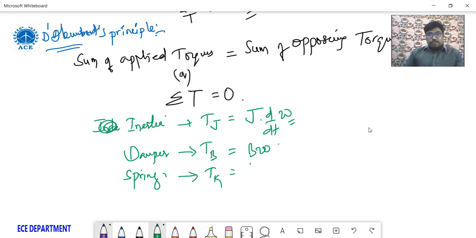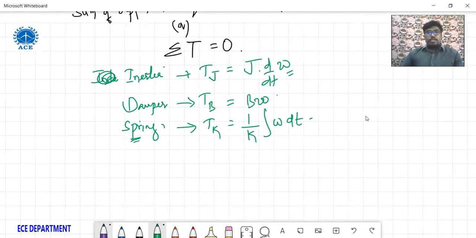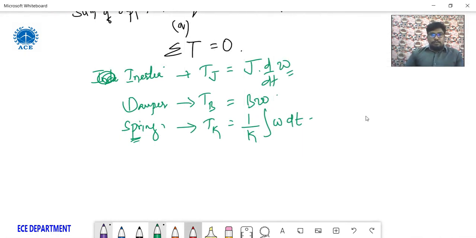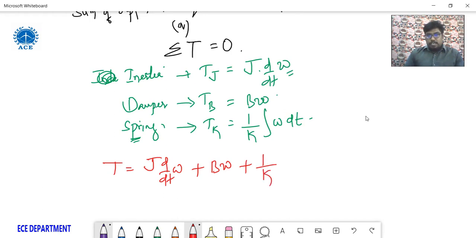And the spring term will be 1 by k integration of omega dt, with omega the angular velocity. This is a torsional spring element. Therefore the torque of a rotational mechanical system is given by J d by dt of omega plus b omega plus 1 by k integration omega dt.